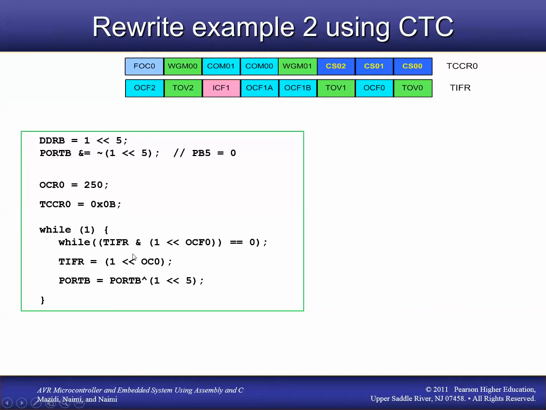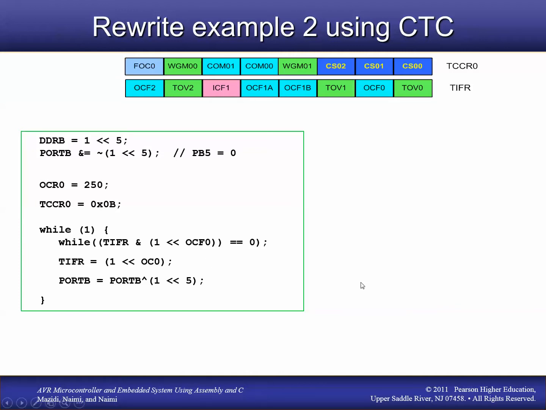So now one other difference is that instead of polling the TOV0 flag, now we're polling the OCF0 flag. And we're left shifting this by the value that the compiler has stored for OCF0 for this microcontroller, which is 1. So this is equivalent to 1 left shifted 1. And that is the example.